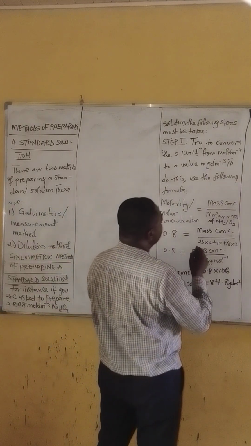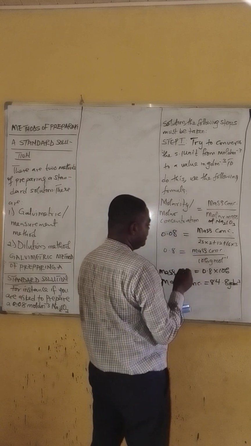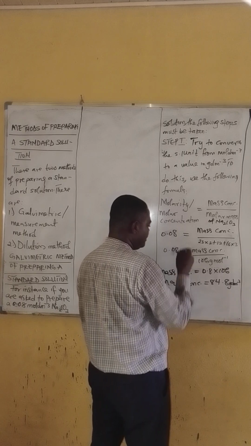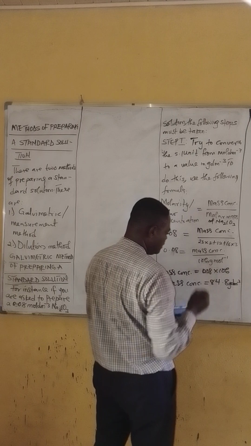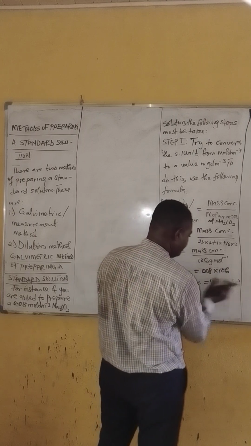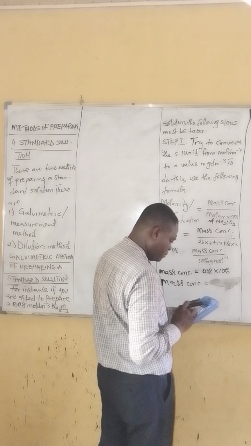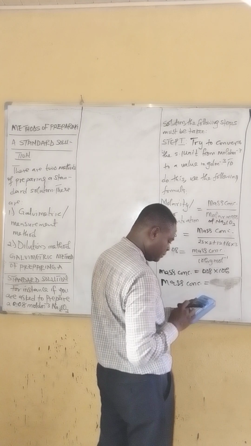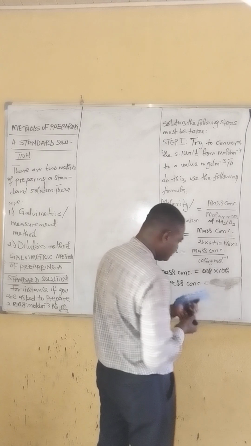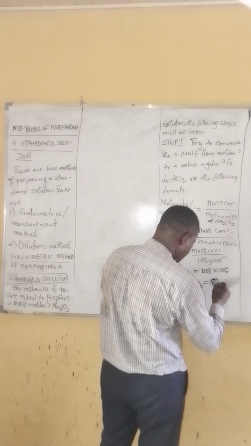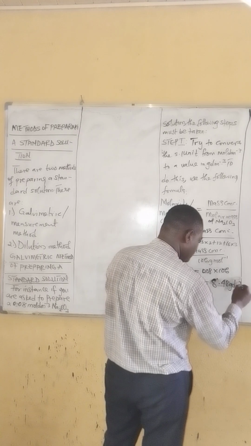Then I will change this now to 0.08. That thing is too large, so let me use 0.08 now. 0.08 times 106. The answer is 8.48 gram per dm³.